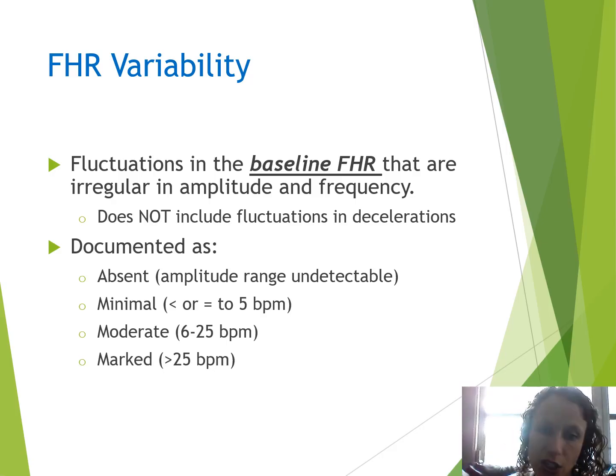Minimal, we have a tiny bit of variation, but it's 5 beats or less. Moderate is greater than 5 beats, so it's 6 to 25. Moderate is our optimal. I'll just go ahead and put that out there. Moderates are optimal, between 6 and 25. And then marked is greater than 25.